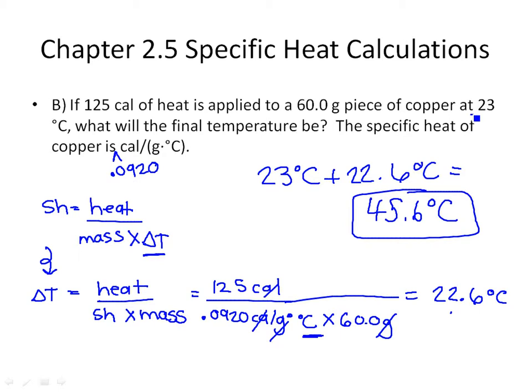So you have to go back and find your initial temperature and add your change of T to the initial temperature. And now we're left with the final temperature of 45.6 degrees C.